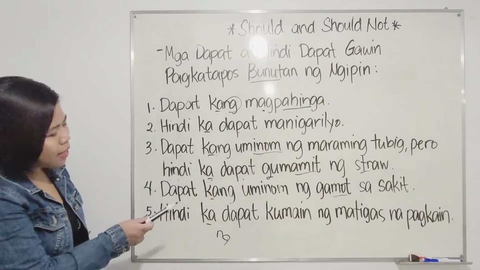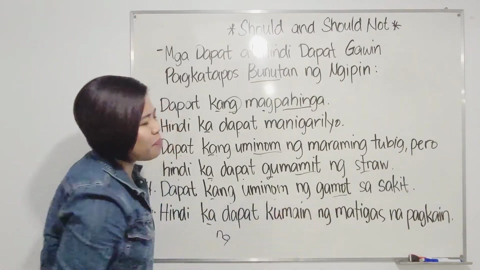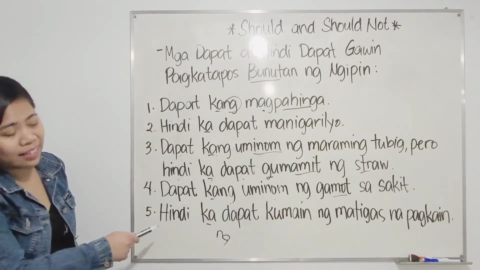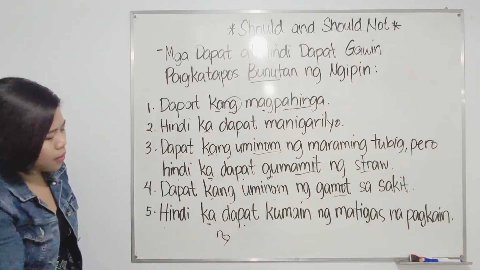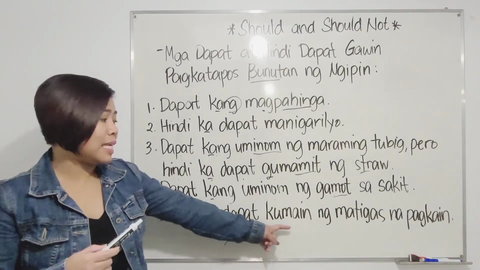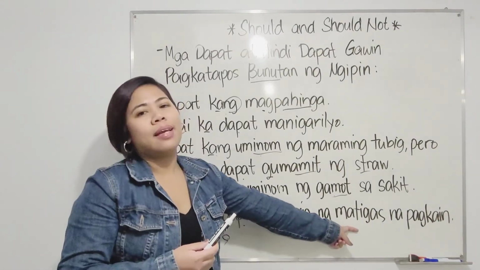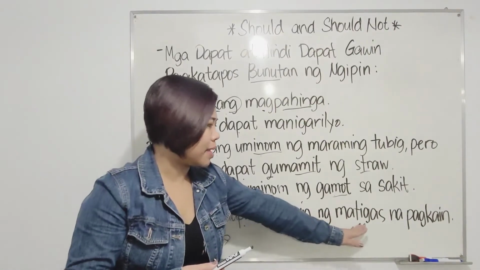And then last one, hindi ka dapat kumain ng matigas na pagkain. So negative again, hindi ka dapat. You should not kain. What is kain? Eat. So you should not eat matigas. It's an adjective. Hard. It means hard. Matigas means hard.